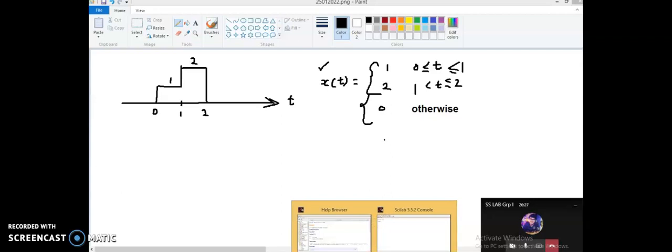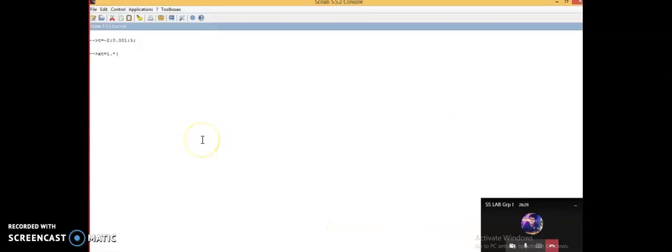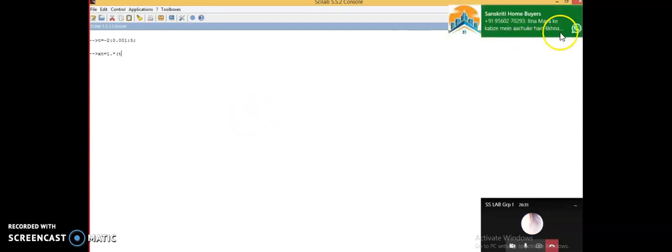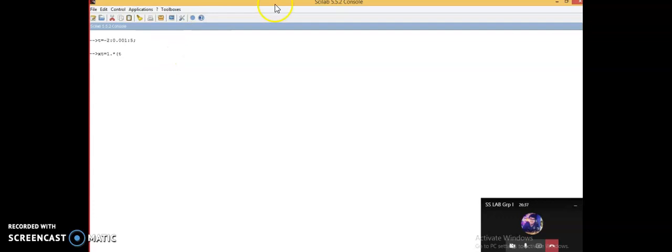So xt is 1 when t is greater than or equal to 0, then the and operator आएगा, t is less than or equal to 1.